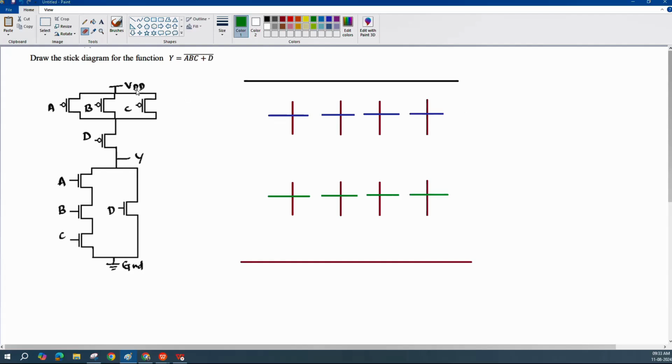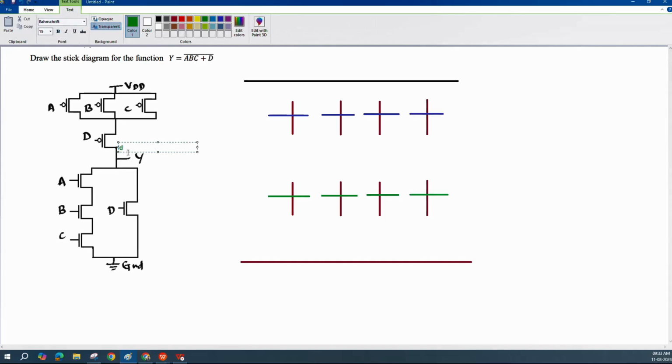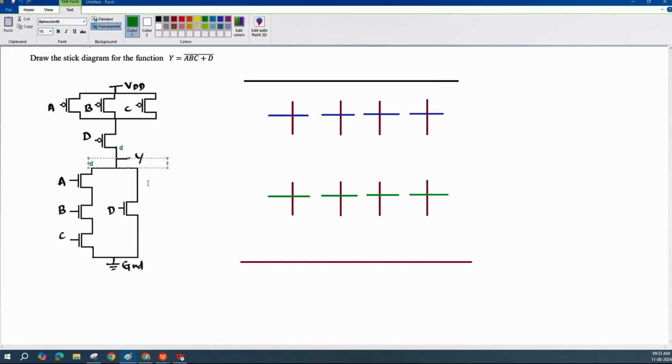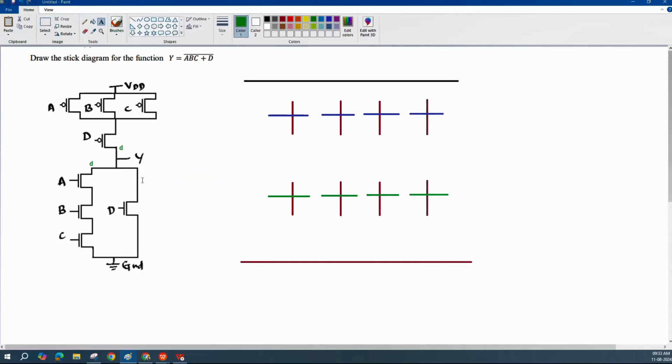So now let us name these source, gate as well as drain first. Since we have taken the output from here, this is our drain of the transistor. Similarly for the A transistor of the pull down, here we need to take the drain, and also here it is drain. First we need to mark which are all the drains. Anyhow we know where actually we are going to take the output.